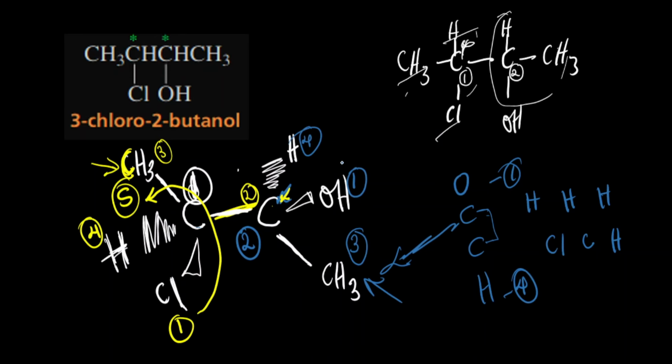Going from 1 to 2 to 3, we move in an anti-clockwise direction, and since the least priority group is attached to the dashed wedge, this is an S. So both carbons have an S configuration.